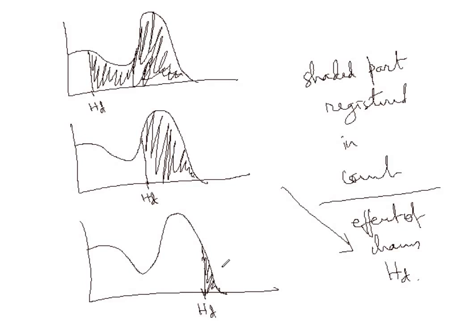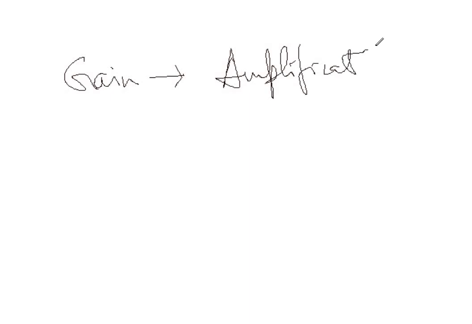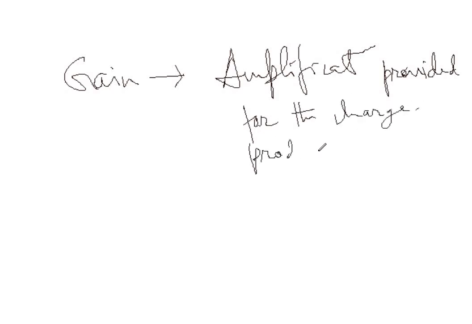Now, sometimes for a particular radiation detector, it is possible to vary the gain. What is gain? Basically, it is the amplification provided for the charge produced in radiation interactions.